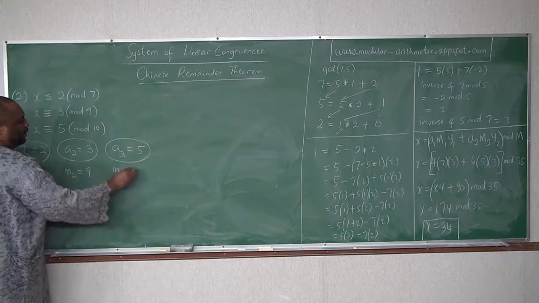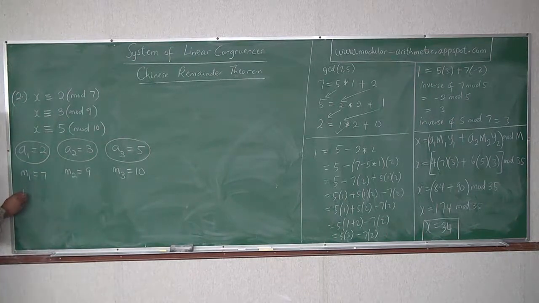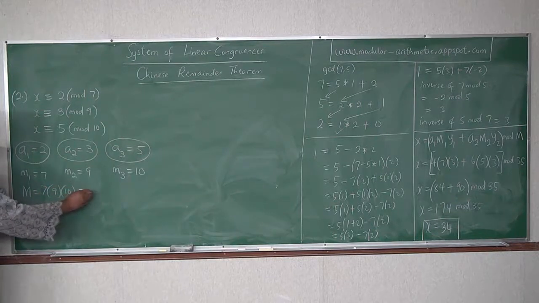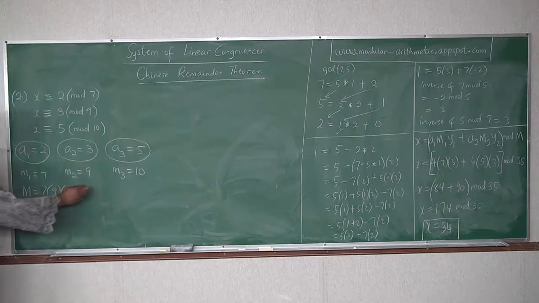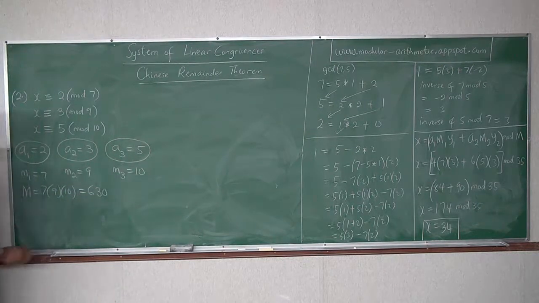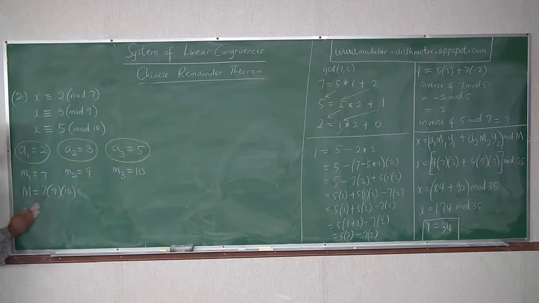Our m3, lowercase m, is 10. Our M, the product of the moduli, is 7 times 9 times 10. 7 times 9, 63, times 10, 630. M is 630. So let's circle it. We shall use it.